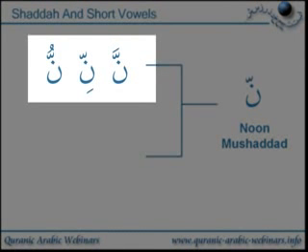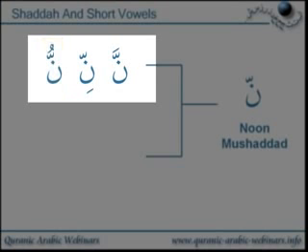Letters with the shaddah will carry the fatha, kasra or dhamma, and this first example is taken from the Majidi script. So we're going to see how these short vowels are written when shaddah is also involved. How you pronounce these will be done later. So we've got the noon with shaddah, and above the shaddah is the fatha. The second example, we have the noon with shaddah, and underneath the letter is a kasra. And the last one is a noon with shaddah with a dhamma.